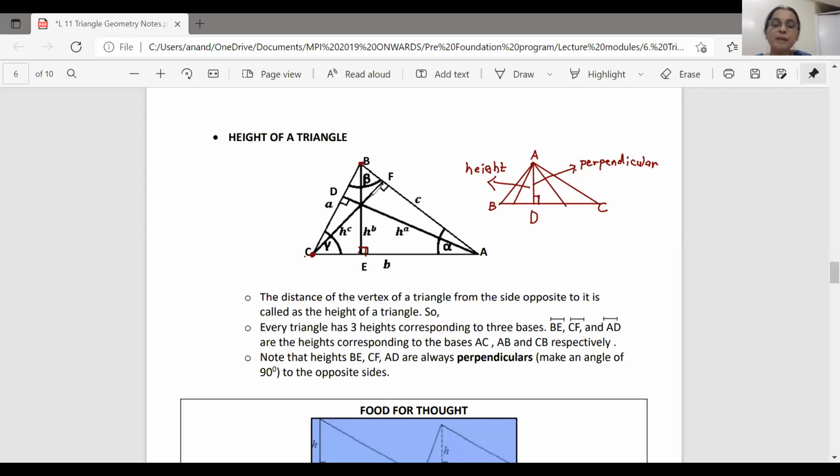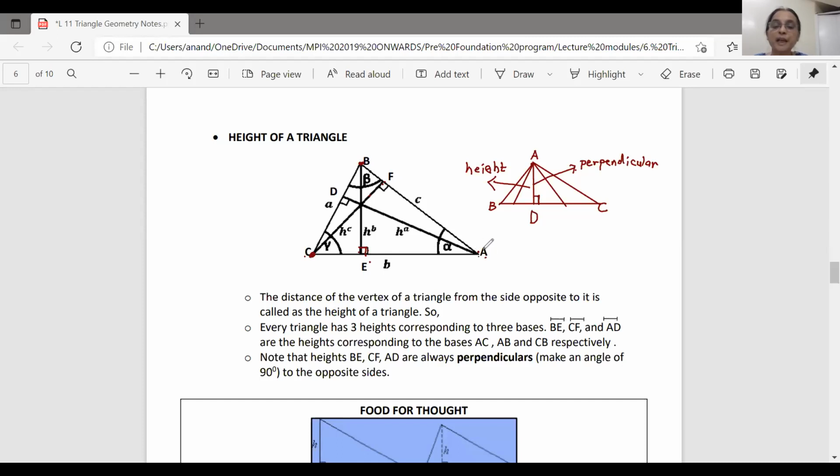This will be the second height. So this is the height corresponding to this base. I cannot say CF is the height of the triangle with respect to base AC. No. What is the height of the triangle with respect to base AC? It is BE. BE is the height of the triangle with respect to base AC.